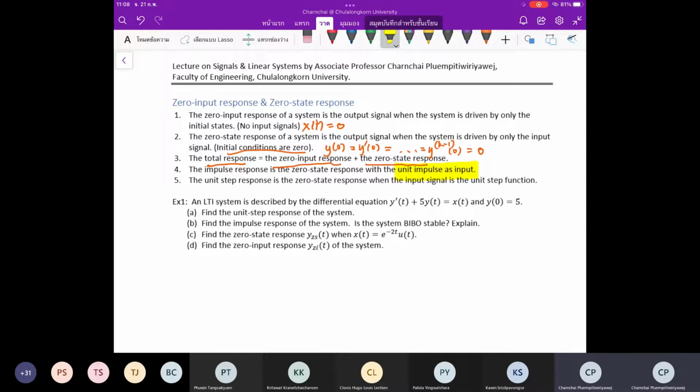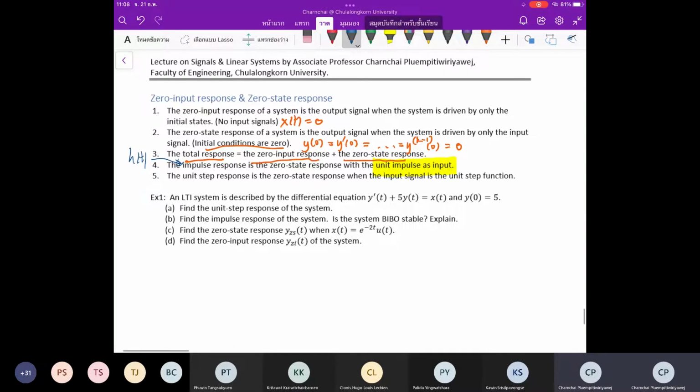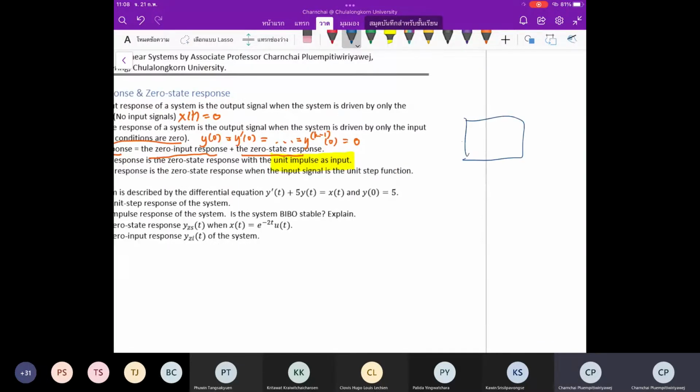For the impulse response we usually use the notation h. If you have an LTI system and you input delta(t), what you get out is h(t), which is the impulse response.